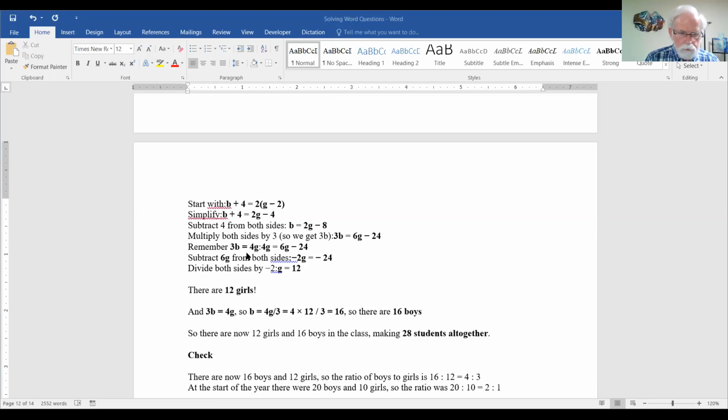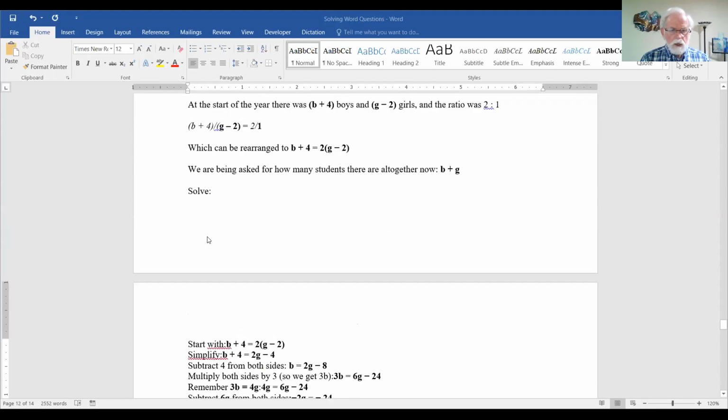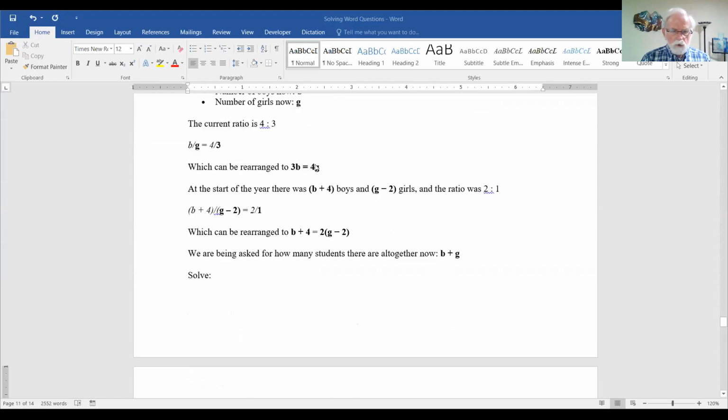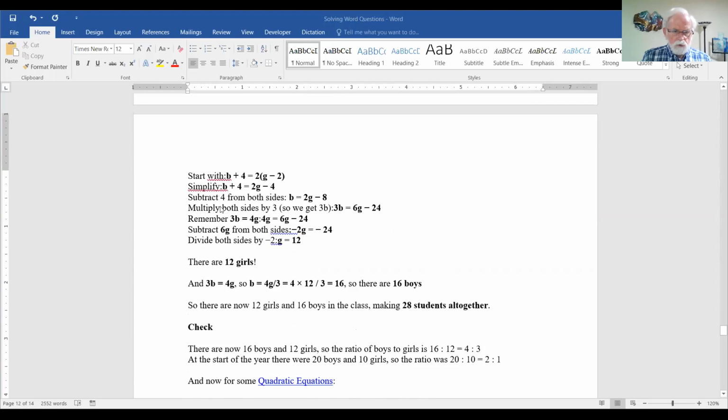We've got 3b equals 6g minus 24. So if we substitute that into the equation that 3b equals 4g, then, rearranged, we have 6g minus 24 equals 4g.